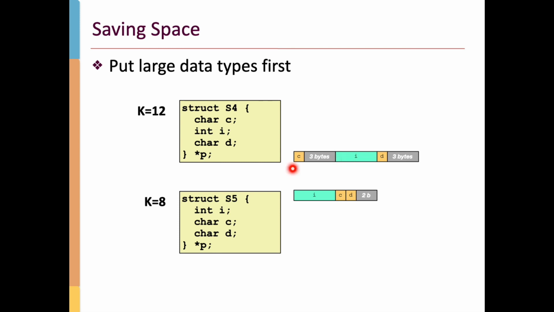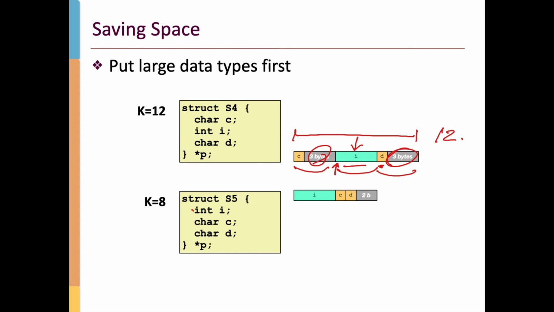So if we assume that the beginning of this allocation is a 4-byte boundary, for example, we're going to have to throw away 3 bytes in order to get to the next 4-byte boundary in memory where we'll store the integer, and then we'll store the second character D, but because we have to have the overall alignment, or the overall size of this, be a multiple of the largest thing in the structure, we've also got to add on 3 additional bytes here at the end to get this up to a total of 4 plus 4 plus 4, or 12 bytes.